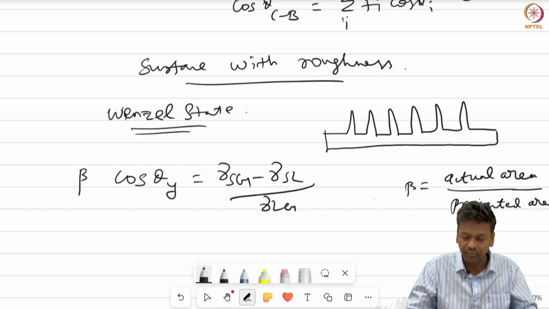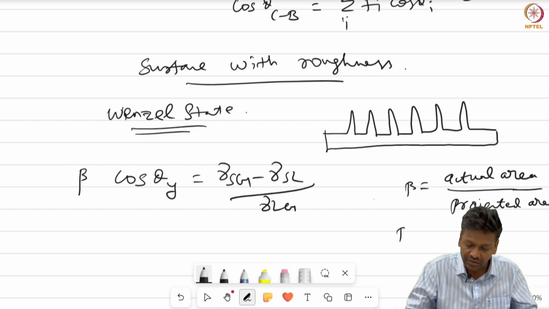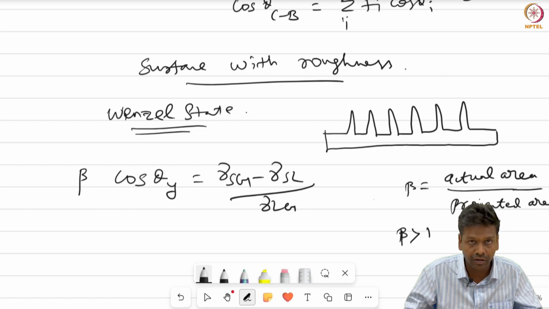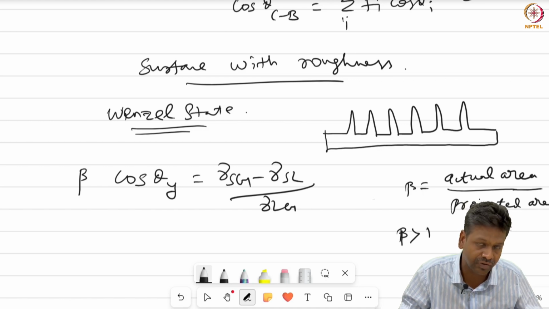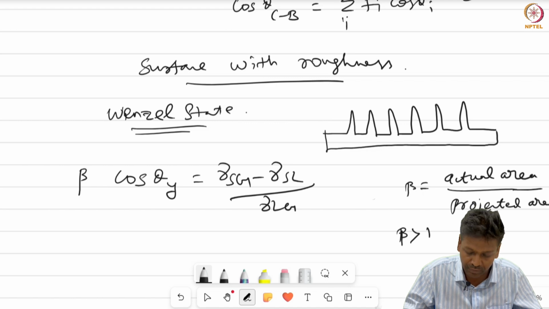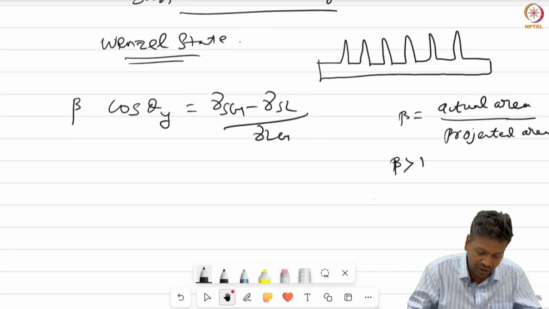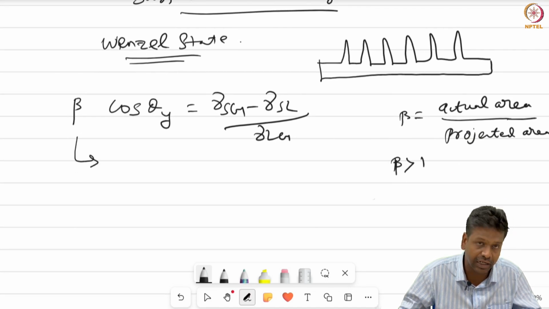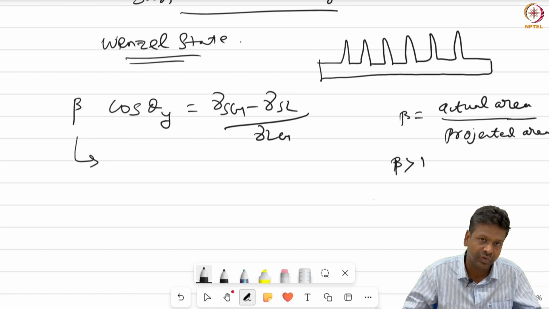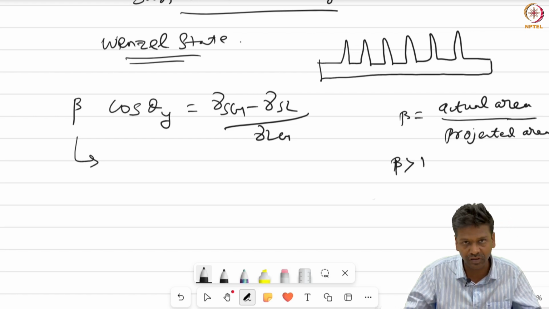So beta is always greater than 1 because the actual area in the case of a surface with roughness is higher than the projected area. So this factor will enhance the nature of the surface. If the surface is hydrophobic, the roughness will make the surface more hydrophobic. If the surface is hydrophilic, there also the roughness will make the surface more hydrophilic, right?